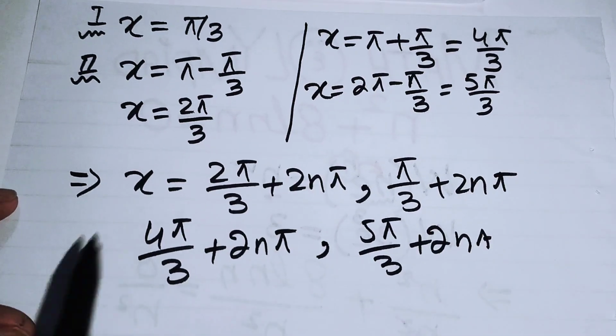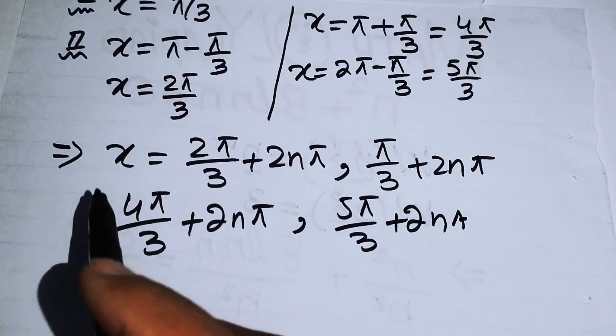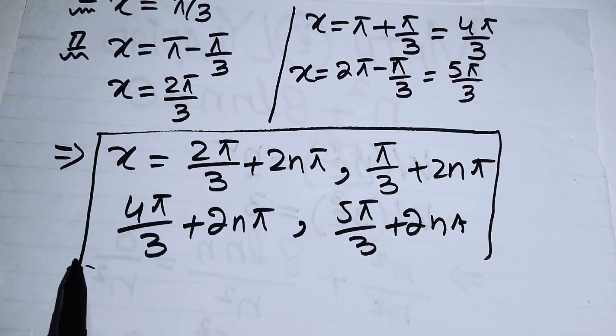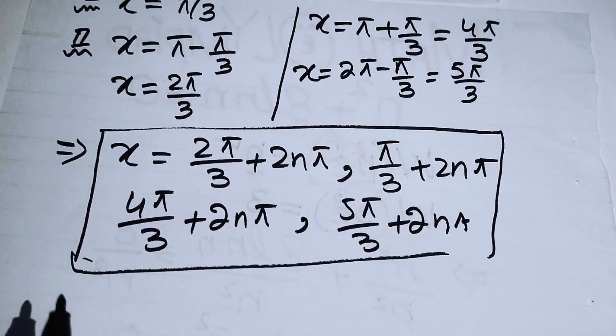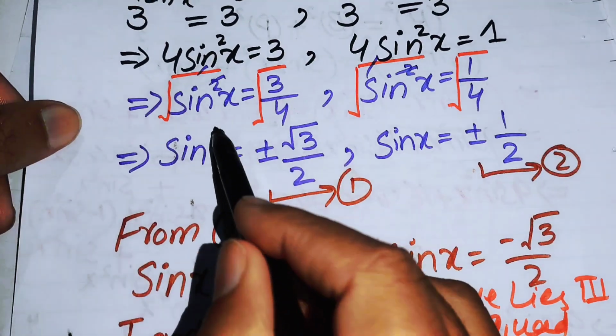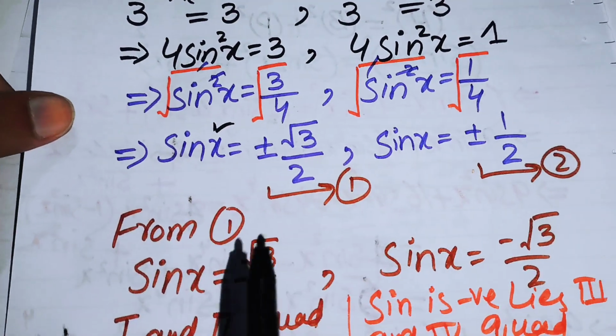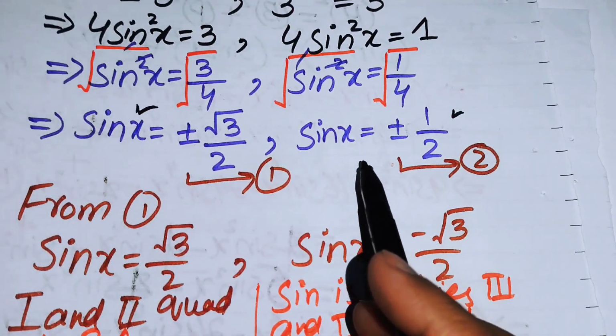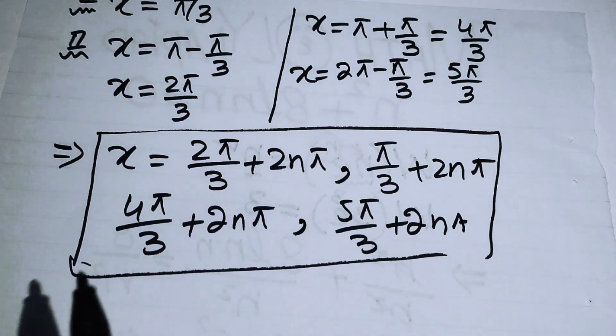So here we get these four values in case number 1. So this is case number 1. Here I can find the four angles, and now we can solve the next equation, and similarly we will get the four angles there.